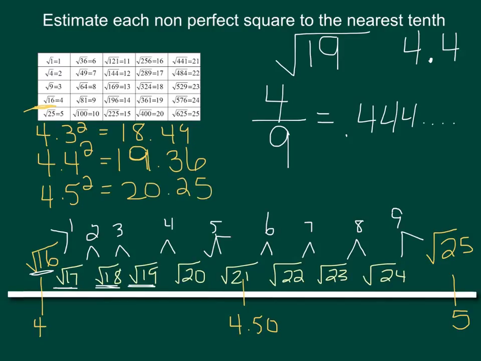We can automatically get rid of 20.25 because that is not very close to 19. So it's left between these two. 18.49 is 51/100ths away from 19, but 19.36 is only 36/100ths away from 19. So our original estimate was correct, 4.4.